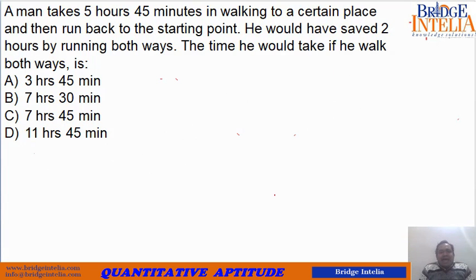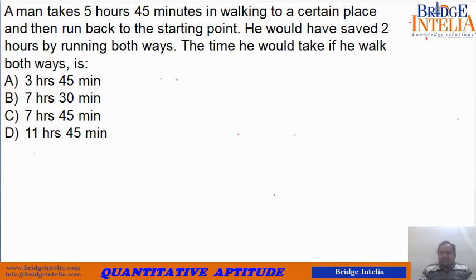A man takes 5 hours 45 minutes in walking to a certain place and then runs back to the starting point. He would have saved 2 hours by running both ways. The time he would take if he walked both ways is equal to what?